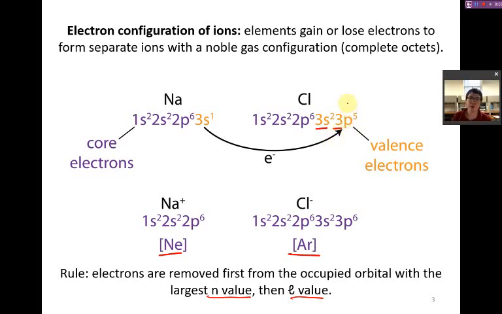So you remove from the one with the highest l value first. We have the p orbitals and then the s orbitals, so we would remove first from the 3p subshell. So if we were to end up with chlorine plus, then that would have a core of neon followed by 3s2, 3p4.